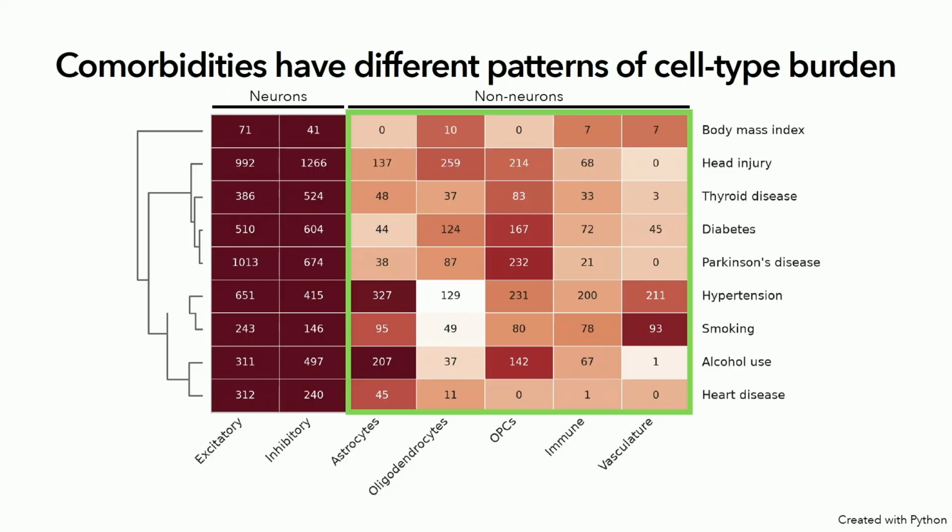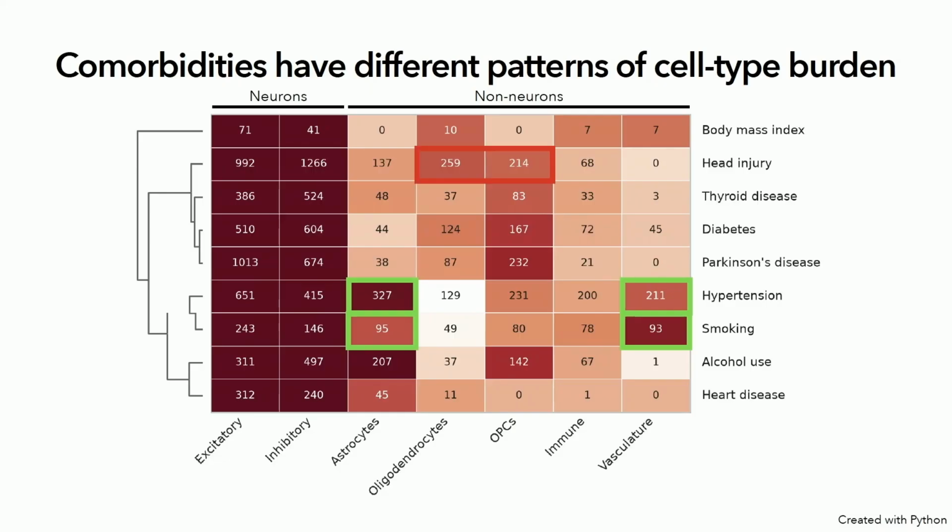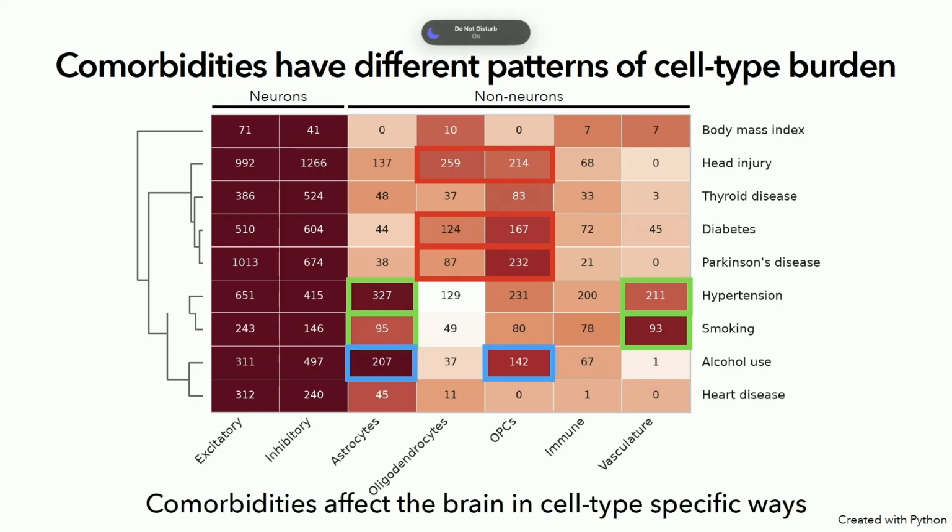For example, hypertension and smoking were found to predominantly affect the astrocytes and the vasculature cells, which is consistent with their known effects on the blood-brain barrier. Meanwhile, head injury, diabetes, and Parkinson's disease predominantly affected the oligodendrocytes and the OPCs. Overall, our results show that comorbidities affect brain cells in cell-type specific ways.